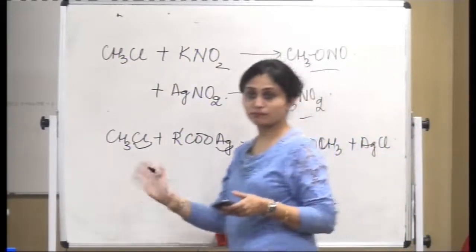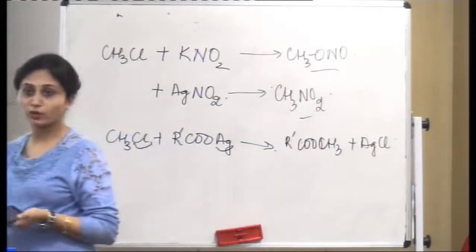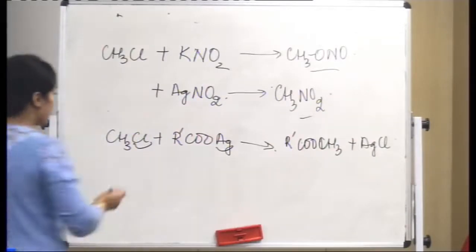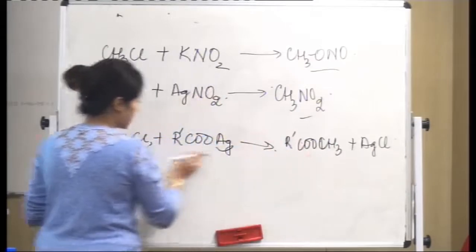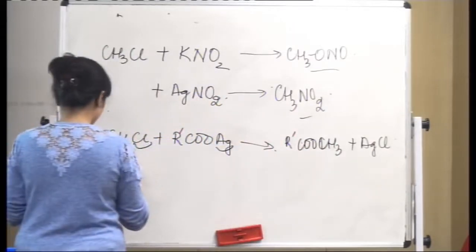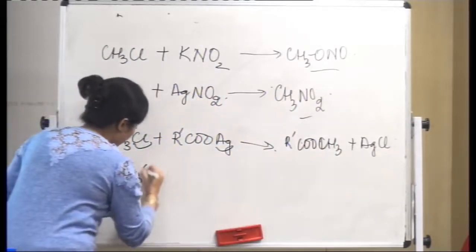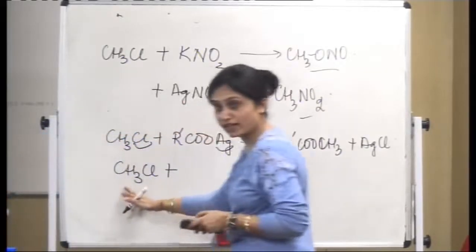You can understand that when you have CH3Cl reacting with COOAg, you get AgCl going out, and this is what is formed. Now this is a method of preparation of alkanes from alkyl halides.